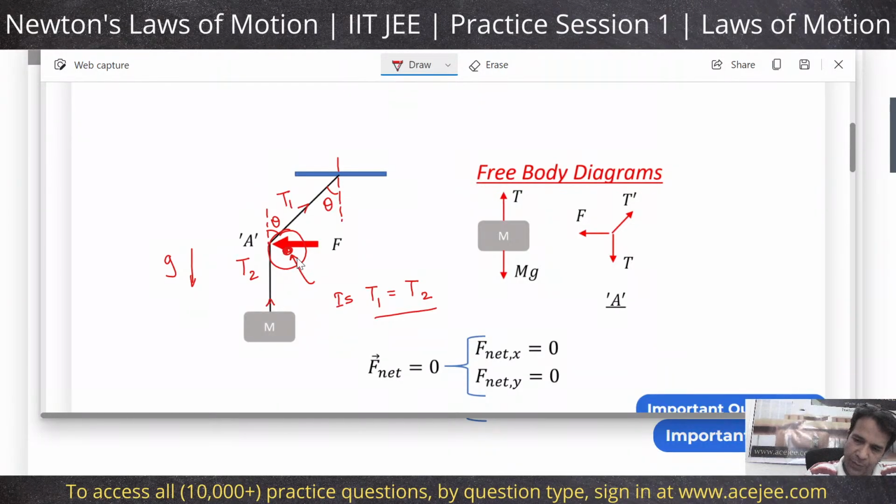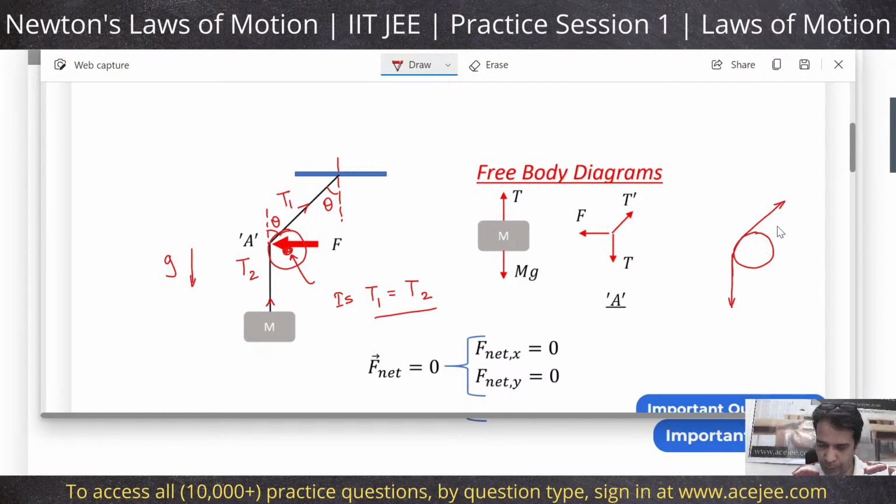So in other words, let me first explain it. What I'm saying is, you have the pulley, and let's say the pulley is frictionless, the string is massless, and you have the string wrapped around the pulley.